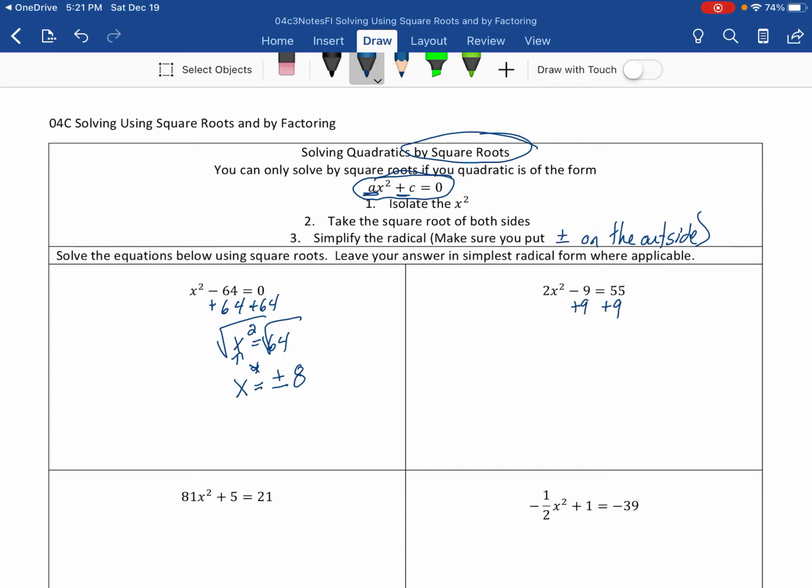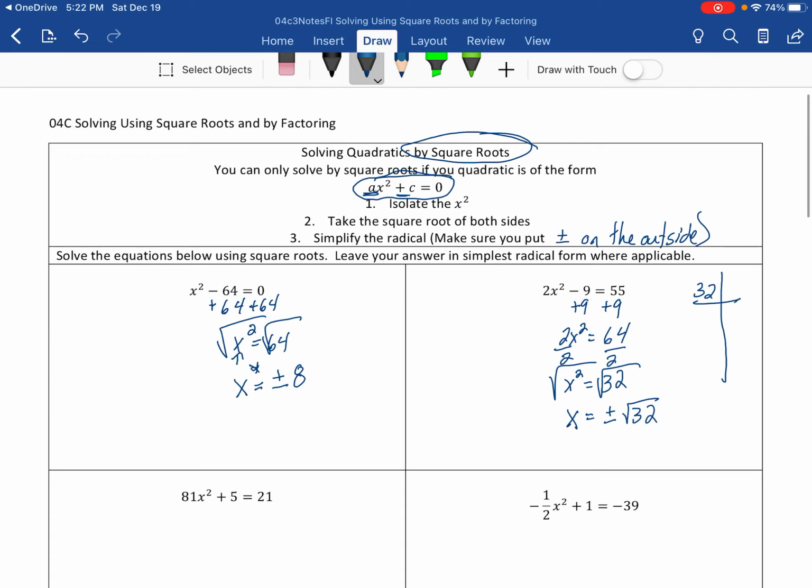Okay, for this one here, I would add 9 because I want to get my x squared by itself. So that's going to be 2x squared is equal to 64. Divide by 2. X squared is equal to 32. Then you take the square root. So x is equal to plus or minus radical 32. Now you need to make sure you simplify the radical.